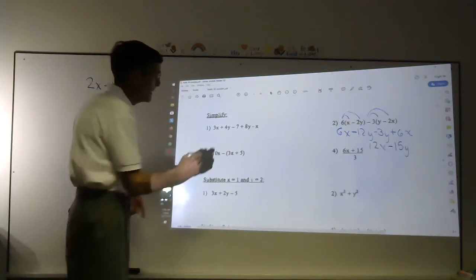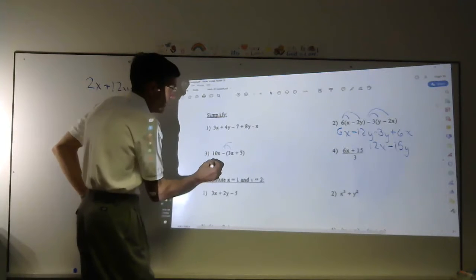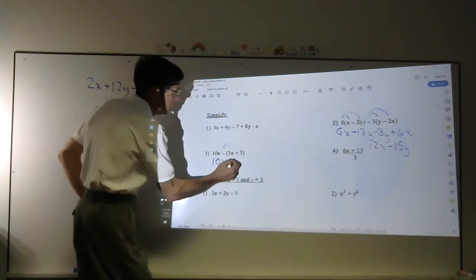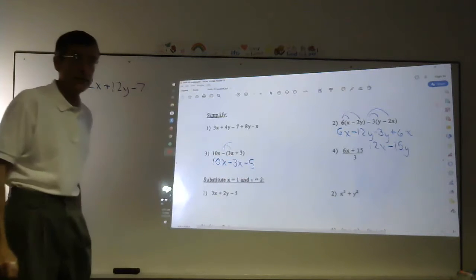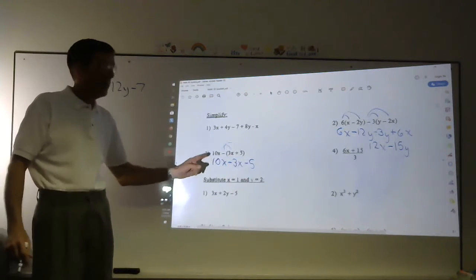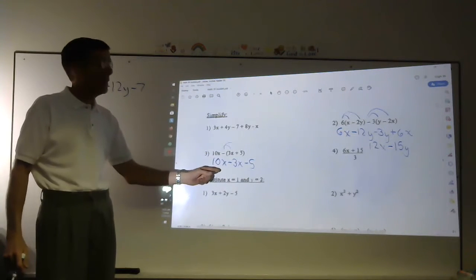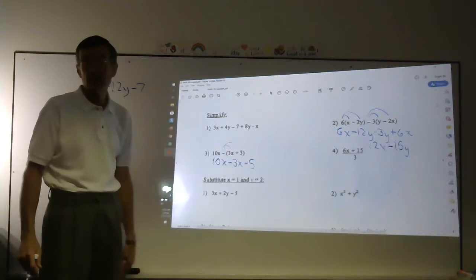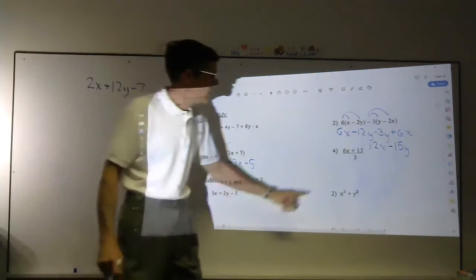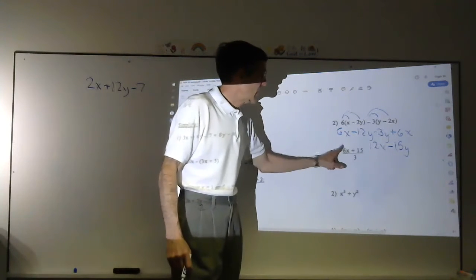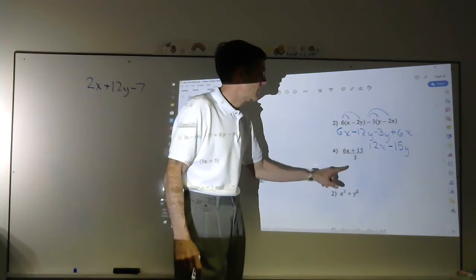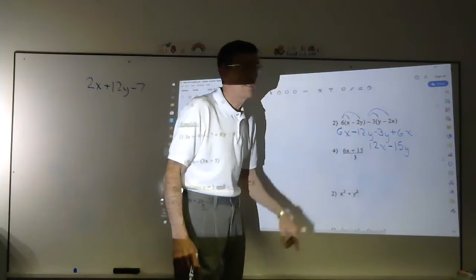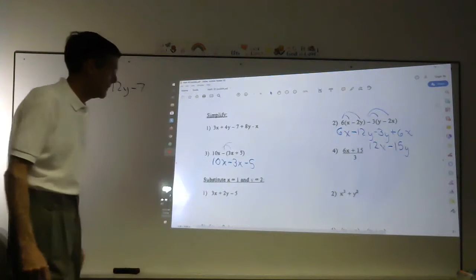So I'm going to take the negative into both, and I'll have 10x minus 3x, and it becomes a negative, minus a 5 when I take the negative in. Collect terms. 10x minus 3x is 7x, and it's simply 7x minus 5. Here, you can divide this out, but you have to remember to take the 3 into both parts. 3 into 6x is 2x. 3 into 15 is 5.